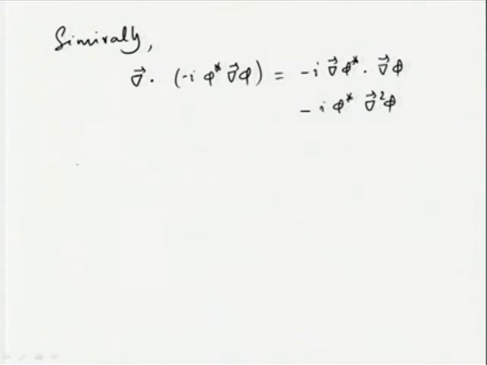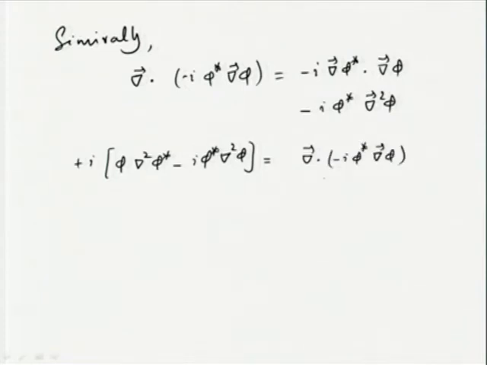So the second term in equation 4, which is plus i phi grad²phi star minus i phi star grad²phi, can be written as del dot minus i phi star grad phi, minus i grad phi star dot grad phi.